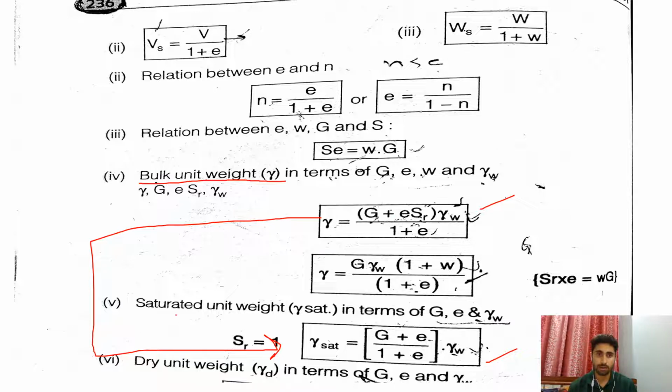If you need to find the saturated unit weight, gamma saturated, then at the place of S you place 1, because the degree of saturation for fully saturated soil is 100% or 1. When you place 1, you get (G plus e). See this equation, nothing is different, except that in place of S we have 1, giving G plus e upon 1 plus e.